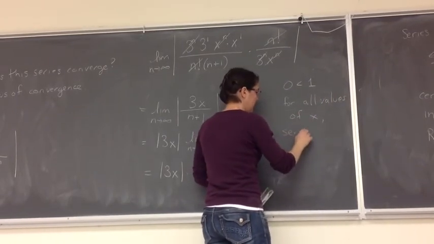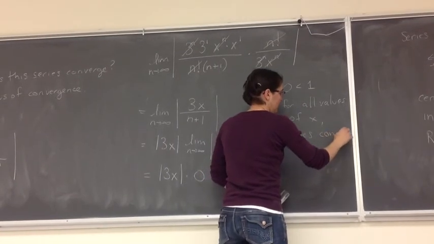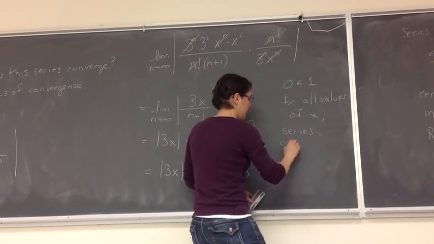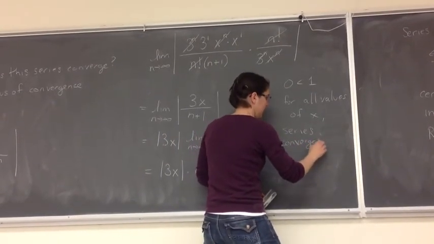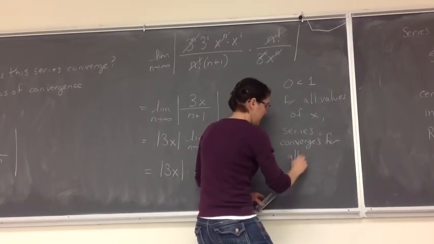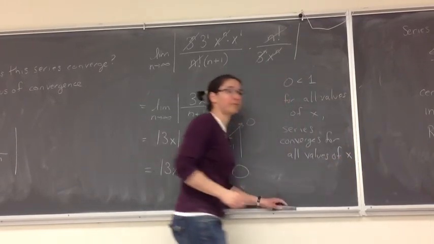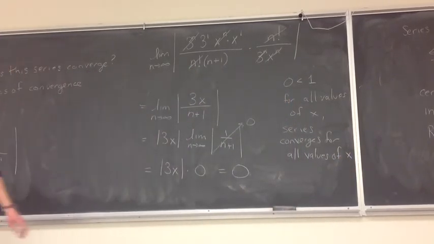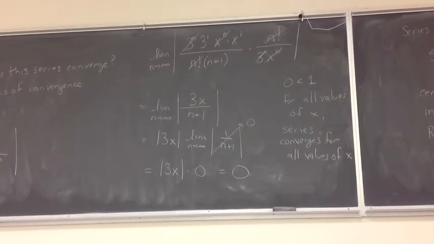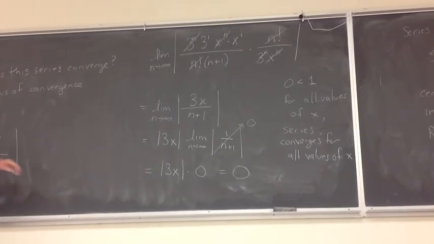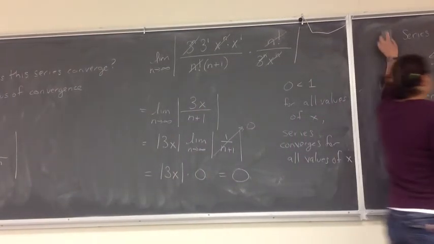So our series converges for all values of x. So answering the question of find the center and the radius of convergence, well, our center is x equals 0.